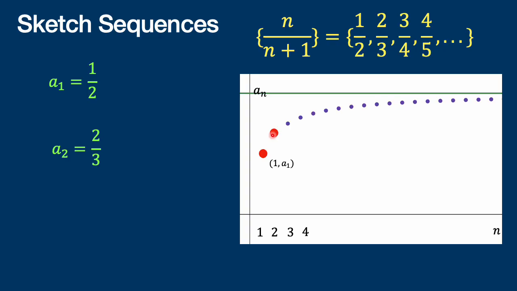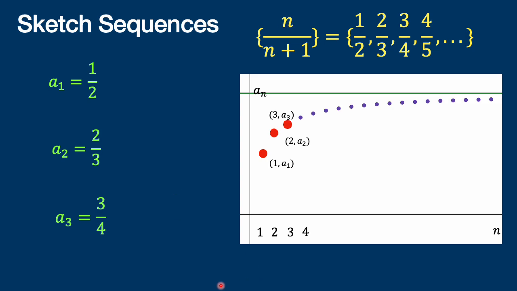This one is the y value of A2. N equals 3: 3 over 4. Then you find the point here. That point is the y value of A3. So that's how to sketch the whole sequence. Here it is a dot because n is a natural number.